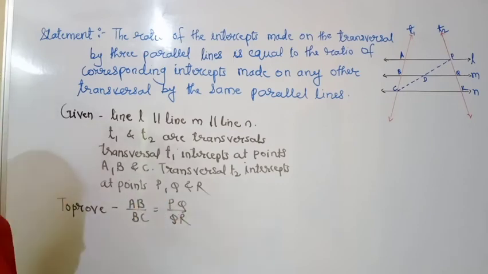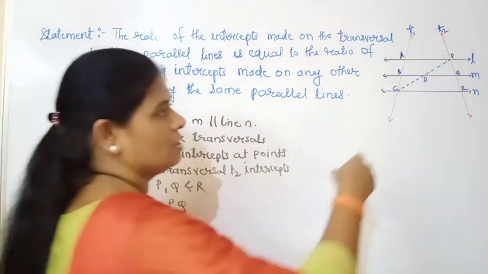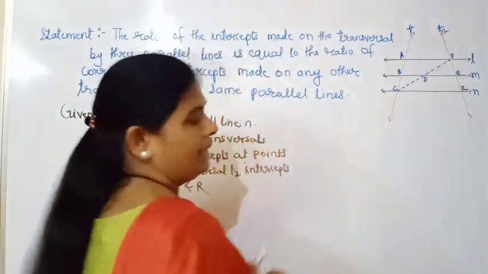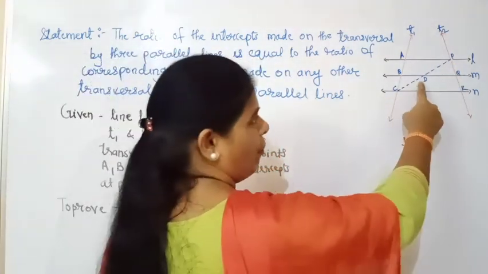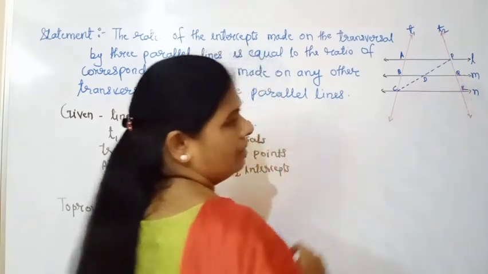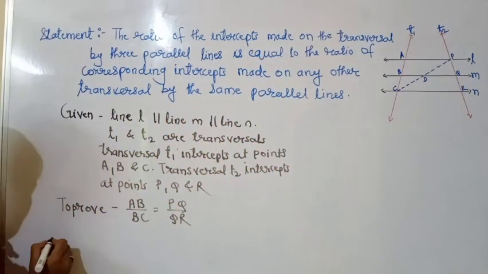Now as you can see in the diagram, I have done one construction, that is I have drawn PC which intersects at point D on line M. So this is our construction.